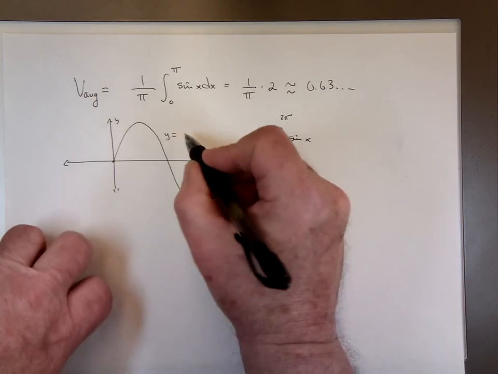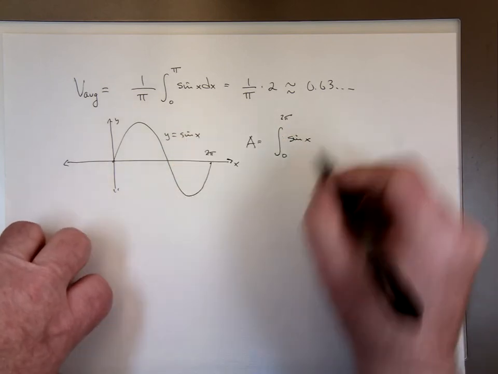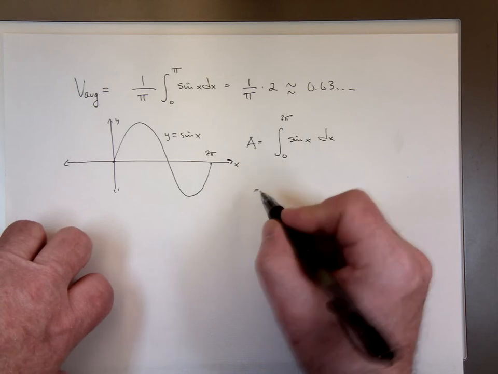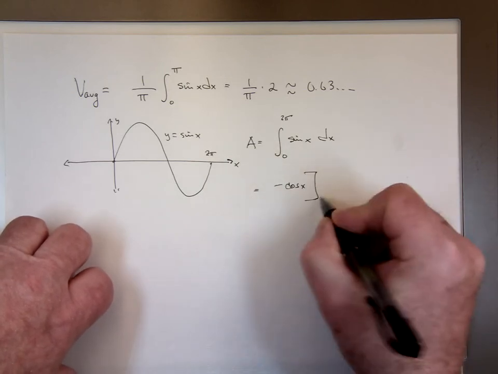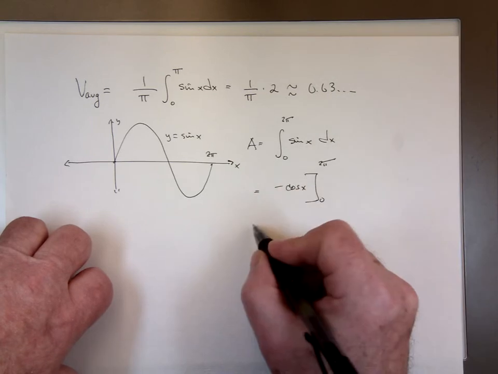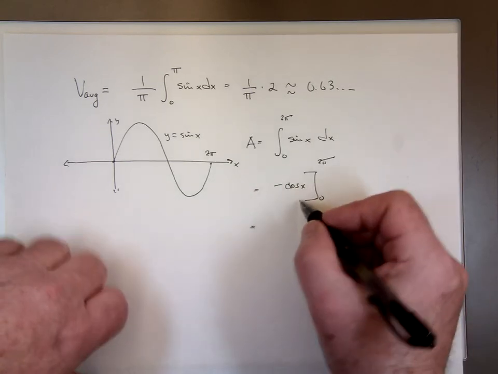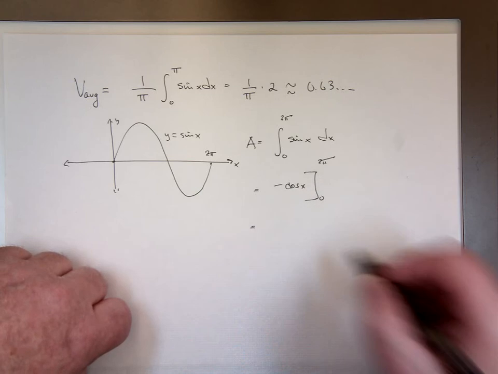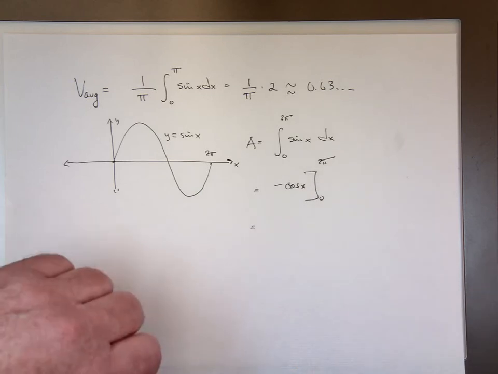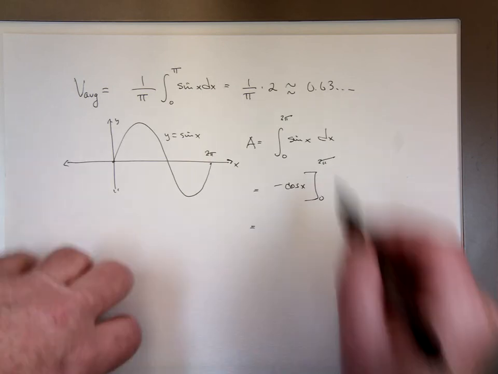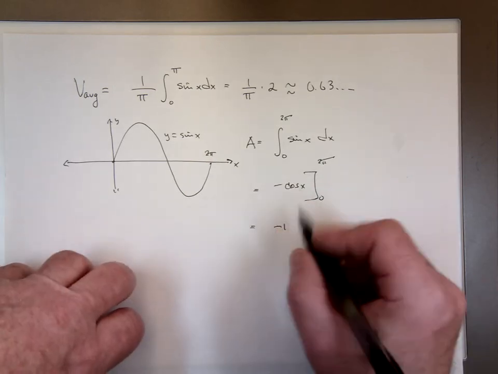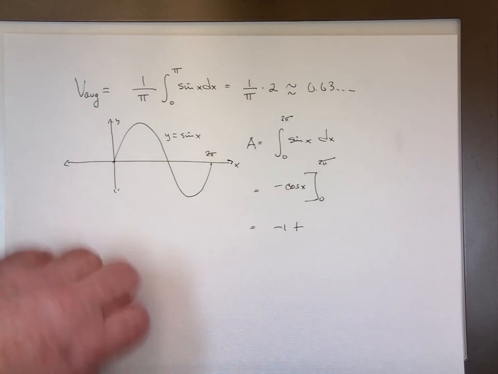The integral of sine x is the opposite of cosine x, from 0 to 2 pi. That's equal to, what's the cosine of 2 pi? 1. So you get negative 1 minus minus plus cosine of 0. What's the cosine of 0? 1, thank you. And that's equal to 0. Yeah, so the integral does that.